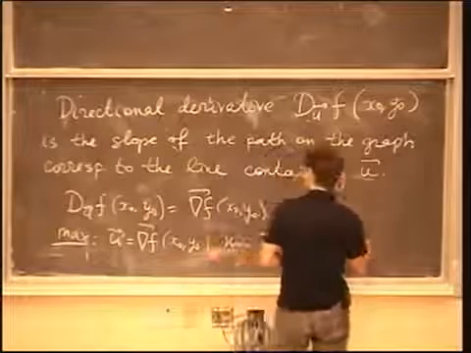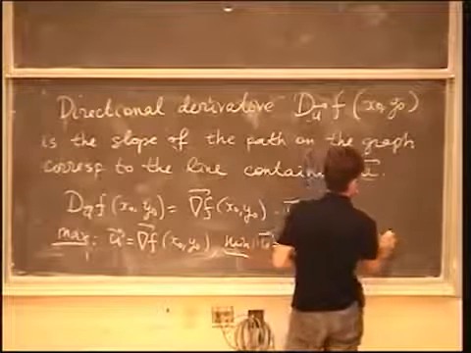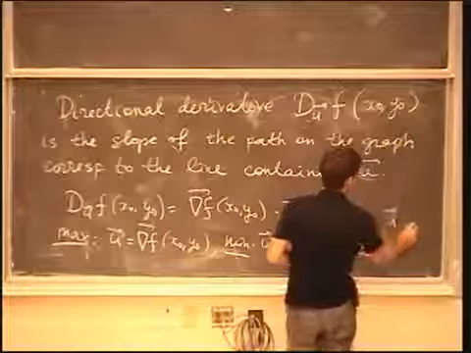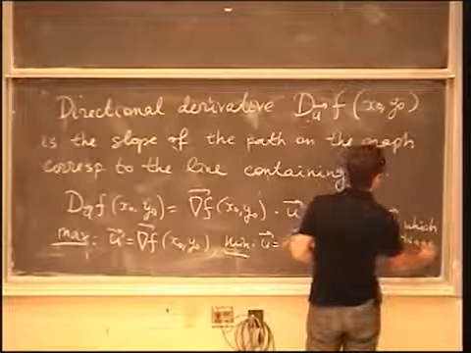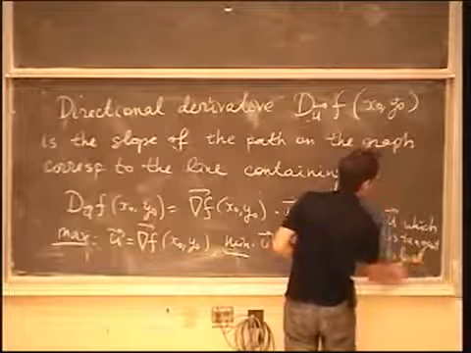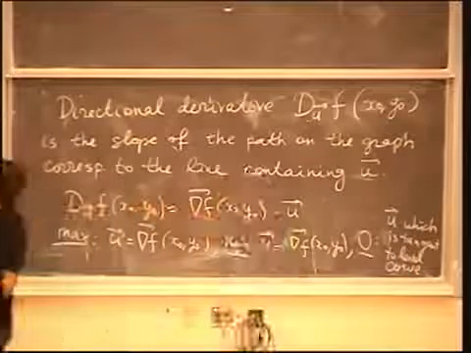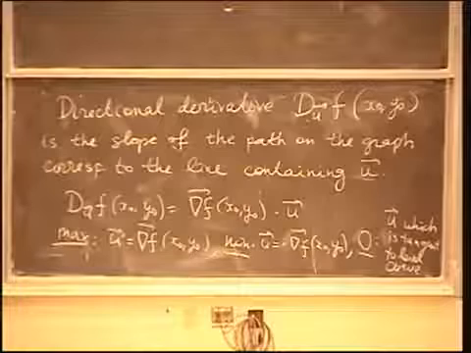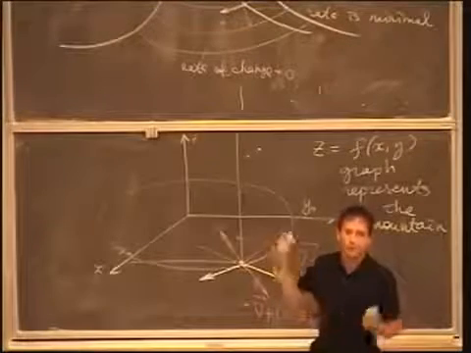And the zero value corresponds to u tangent to the level curve. Okay? But this we already knew by analyzing this picture just on the grounds of common sense. We didn't need to do any calculation to figure this out.